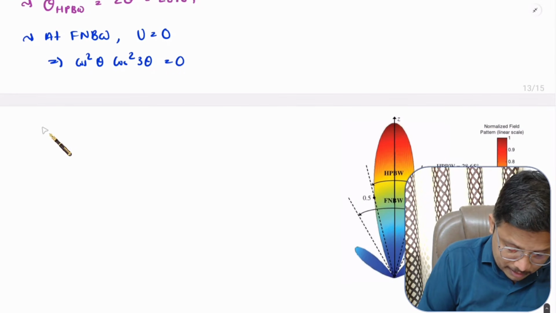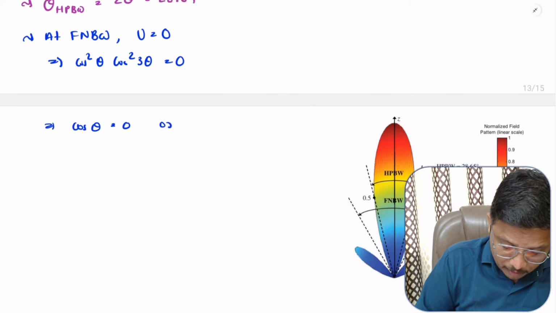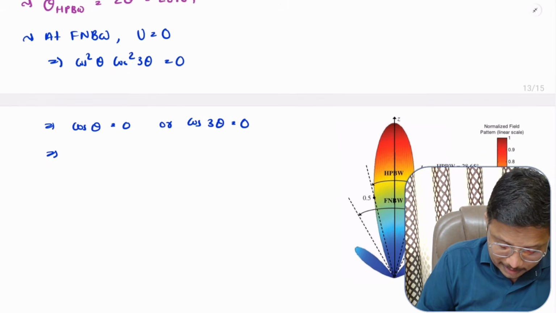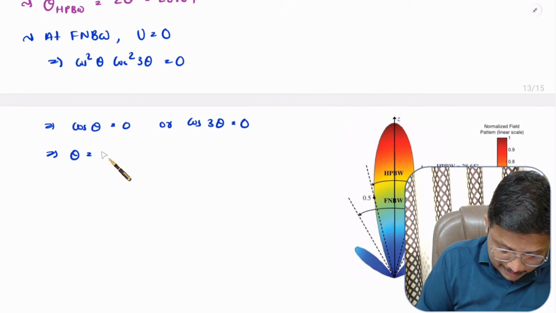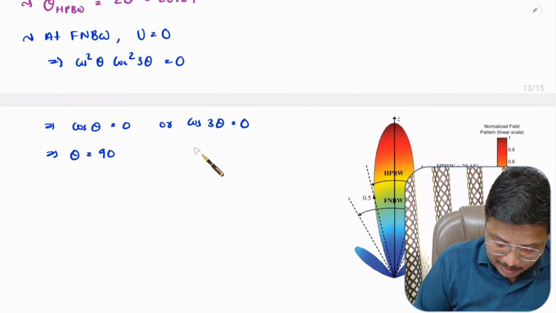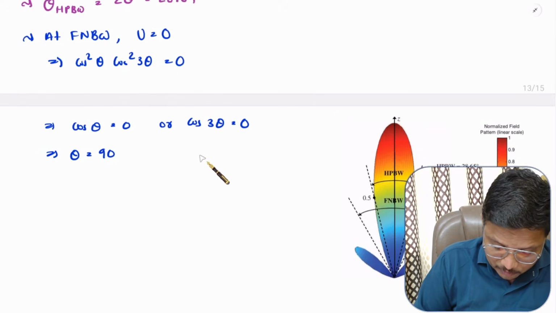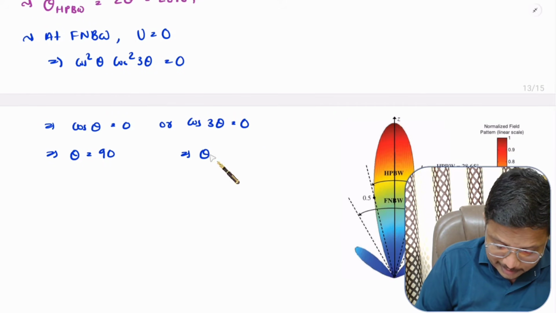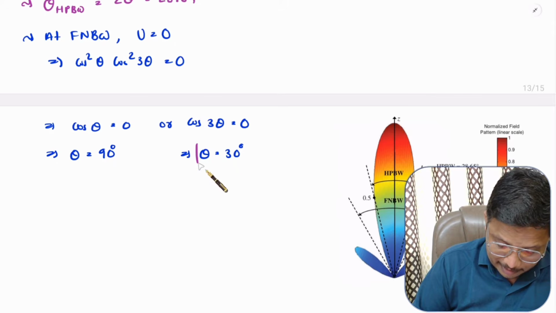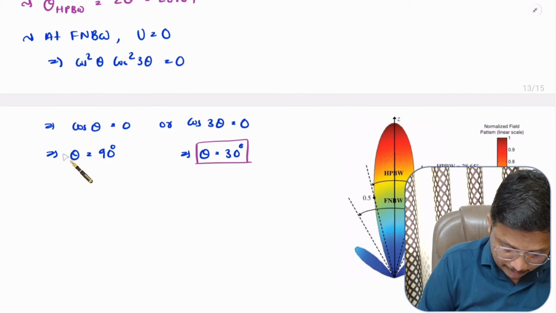So here you will have cos theta equal to 0, or you can say cos 3 theta equal to 0. If cos theta is equal to 0, then theta is equal to 90 degrees. And if cos 3 theta is equal to 0, then theta is equal to 90 by 3, that means 30 degrees. So that is how two angles are appearing.